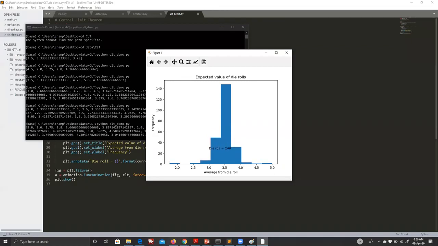And this is one of the bases of why we use normal functions so much in statistics, probability, machine learning, because we can just take the average of data, and after a while it starts to become like a normal distribution.